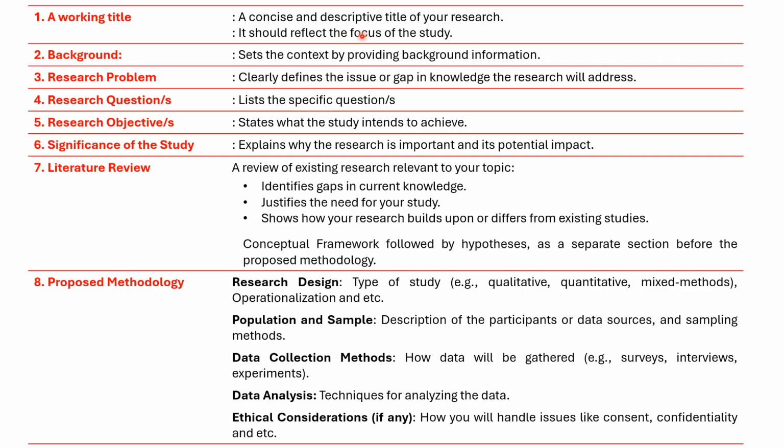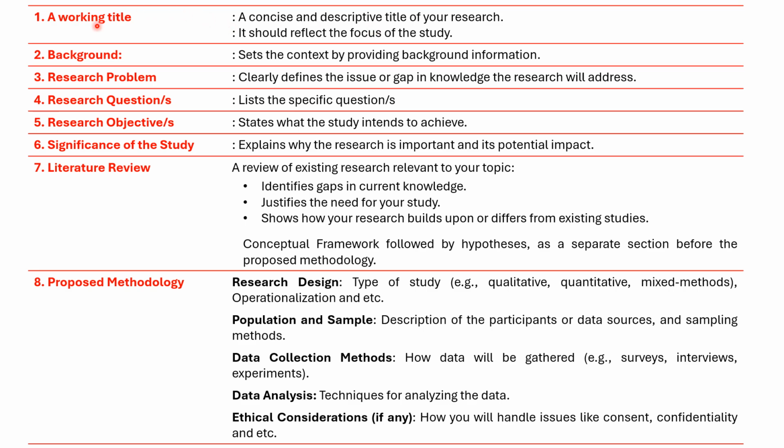It should reflect the focus of the study. Hope you remember that earlier I said your research topic should consist of 3 things. It should reflect your dependent variable, independent variable or variables, and the sample.